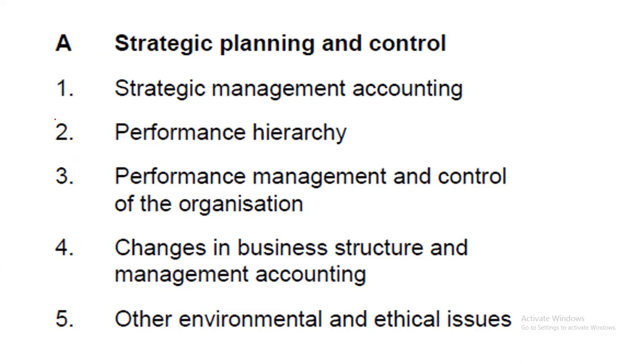Now, if you remember in this area A, we pulled out this section and dealt with it in our last revision block: the concept of performance hierarchy. We spoke at length because we say that as you introduce the course, you need to start with the concept of performance hierarchy. You may remember our specific emphasis on the mission statement, that the mission statement is the starting point in this hierarchy of objectives.